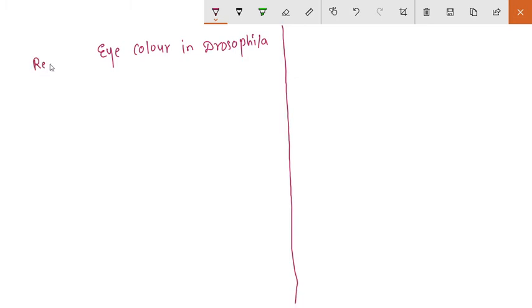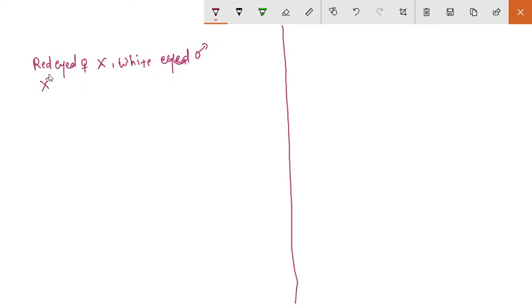So the genotype of the red-eyed female is X plus X plus, and the white-eyed male is X W Y.